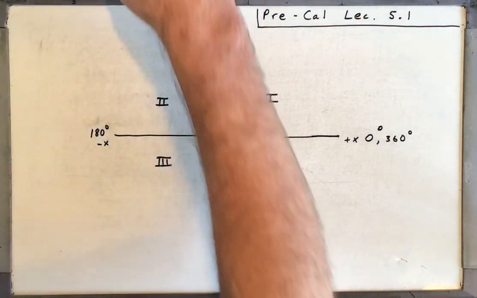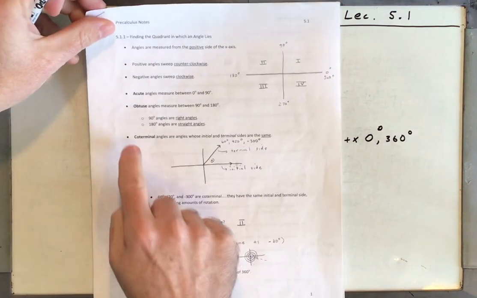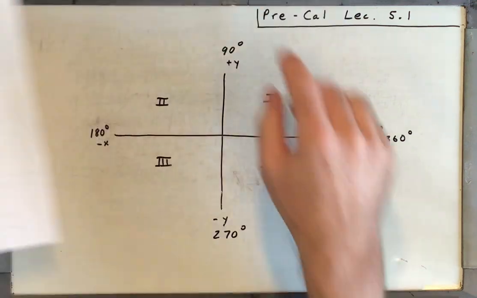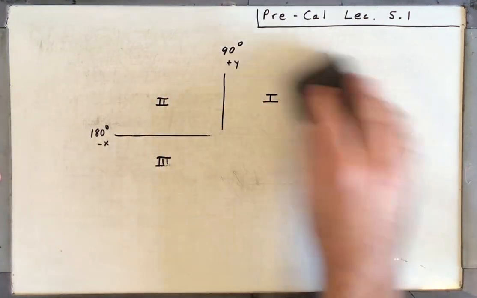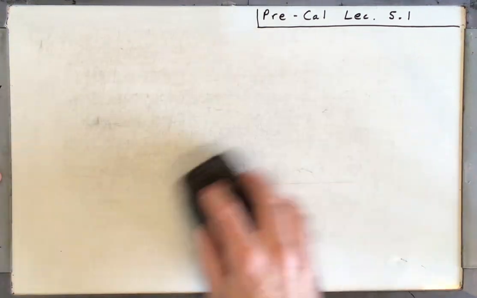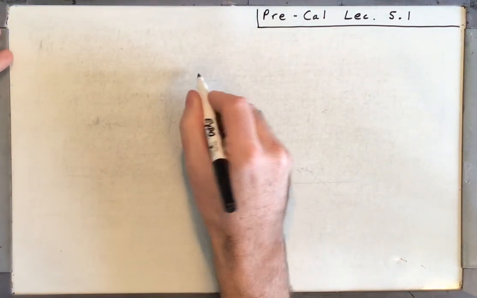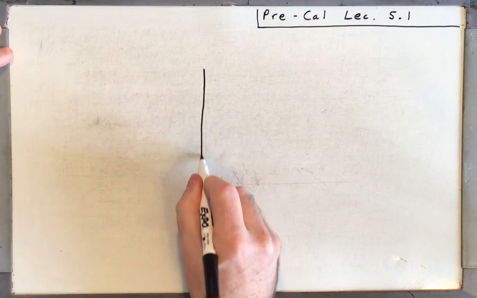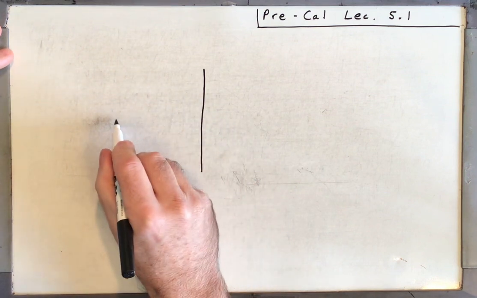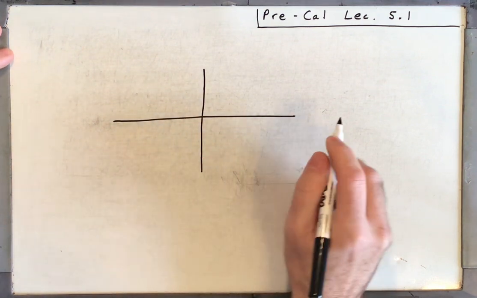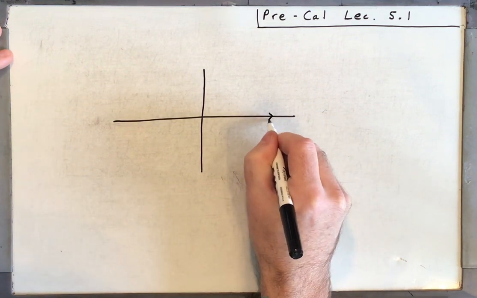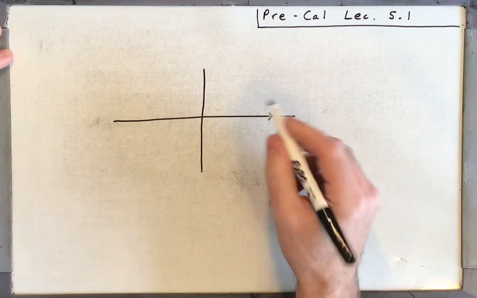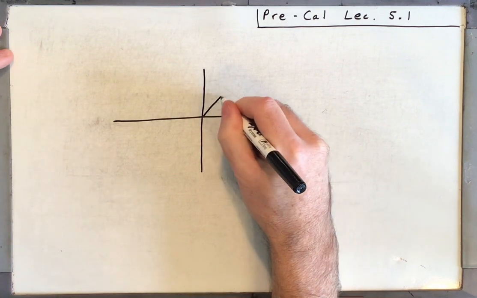Okay, so we are at the coterminal angles part, so we're going to draw in there. So I'll go ahead and erase this coordinate plane. In that space under coterminal angles, we'll draw another coordinate plane. And the positive x-axis we're going to call the initial side.